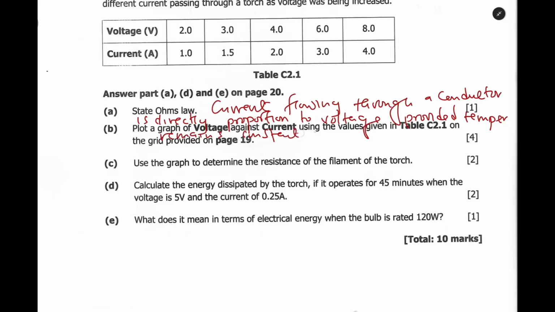So current flowing through the conductor is in direct proportion to voltage provided the temperature remains constant.